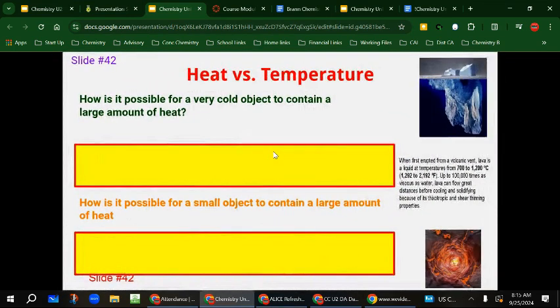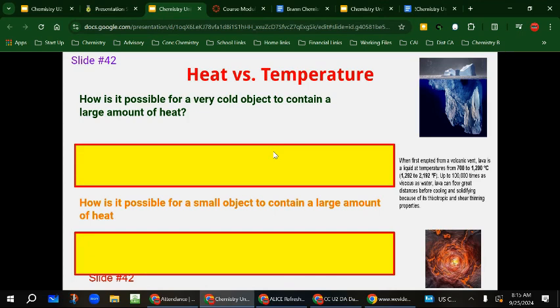All right. How is it possible for a cold object to contain a large amount of heat? How is it possible for a very cold object to contain a large amount of heat? Correct. It has a large amount of particles. An iceberg has an incredibly large amount of heat, ladies and gentlemen. Not because it is incredibly hot, but because it is incredibly large.